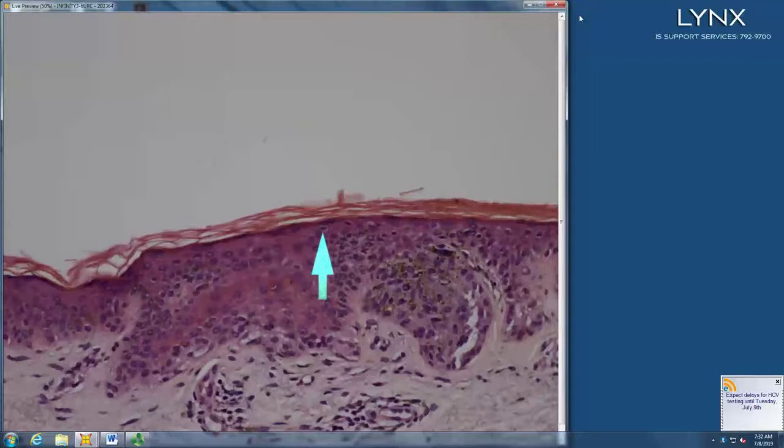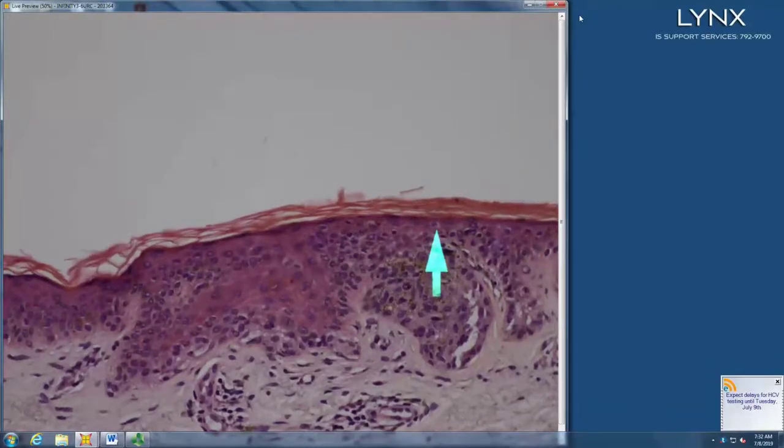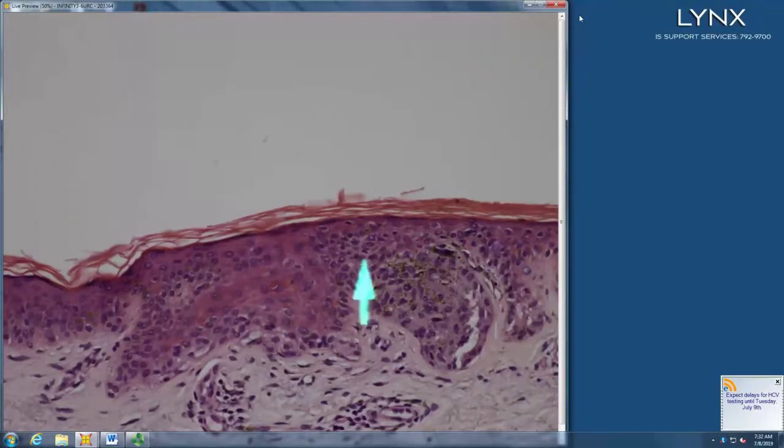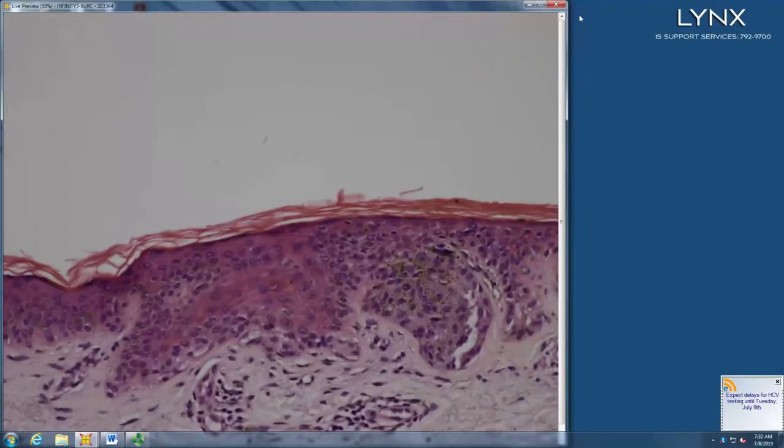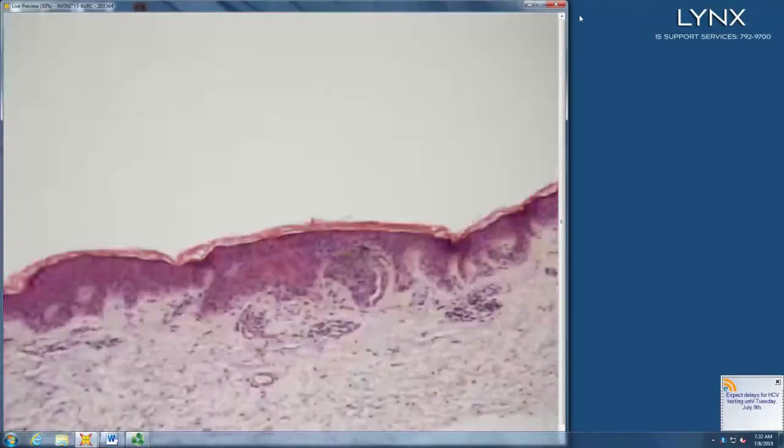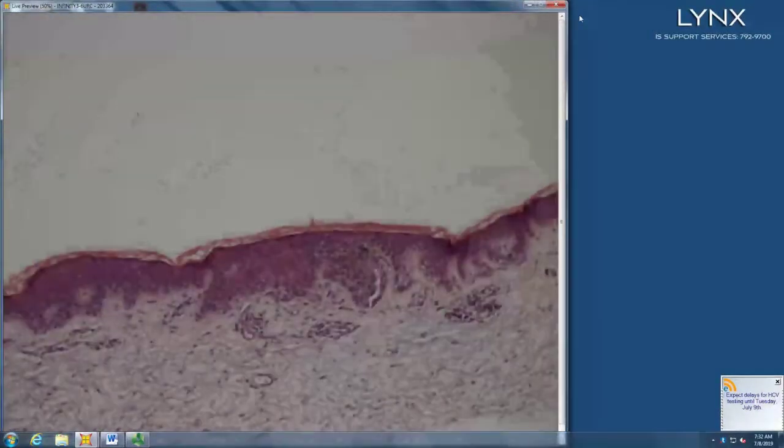What are those pigment-bearing cells that are all the way up into the corneum? Is that pagetoid scatter? That's pagetoid scatter. And it's off to the periphery of the lesion. It's purely junctional. It's moderately broad. It's on sun-damaged skin. MIS, at least. That sounds about right.